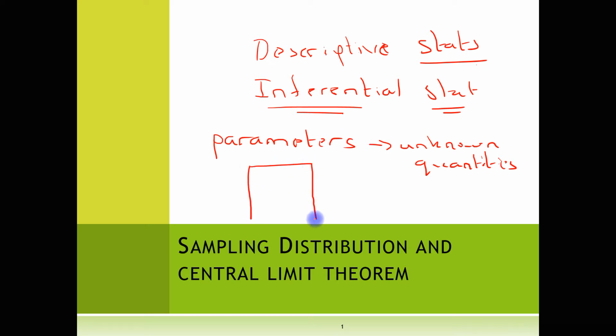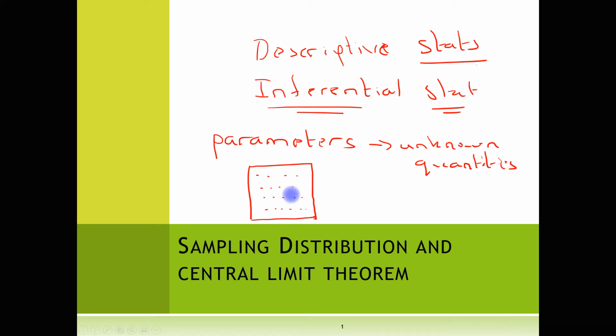Let me take a simple example. Let's suppose you are interested in knowing the average salary of individuals in an industry. If you really want to find the exact value of the average salary of individuals in the industry, you need the record of all the people in the industry.